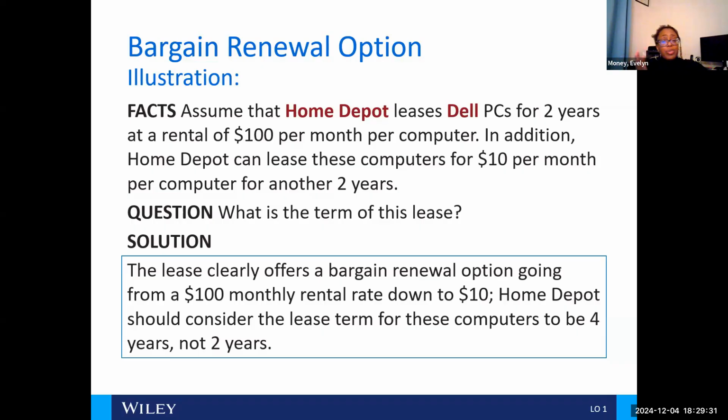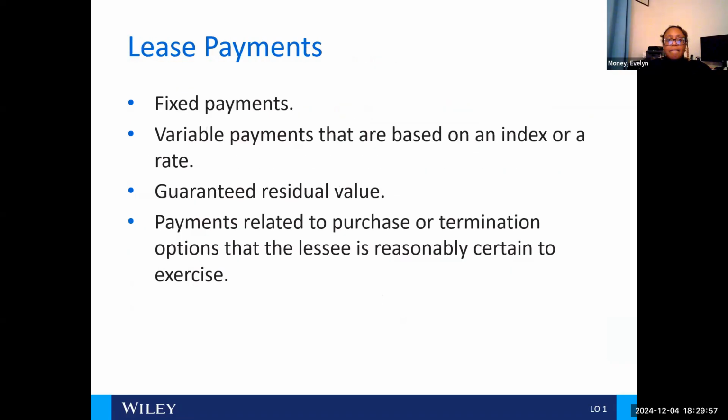So what we would do is take the economic life of these computers, and we would compare that to the lease term. So if the economic life was, say, 5 years, and the lease term is 4 years, we take that 4/5, find that percentage, and then we know that that's greater than 75%, and it would qualify as a finance lease.